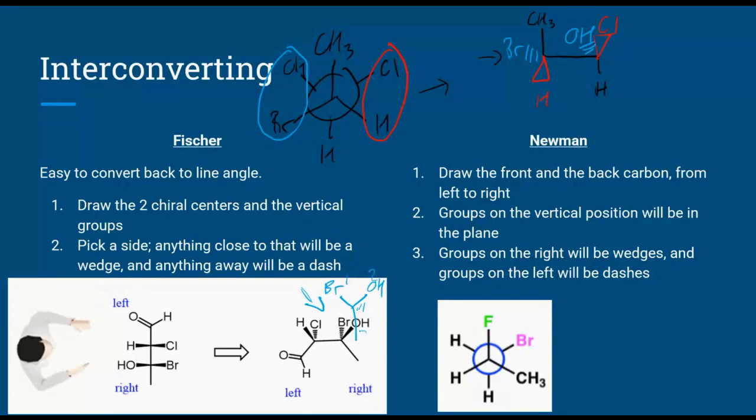So now it would be 1, 2, 3, or R. And to make it even easier to find, it's going to be 1, 2, 3, and because the fourth group is on a dash, it's going to be R. Well understood. Thank you, sir.